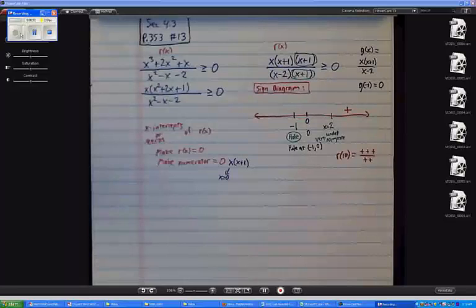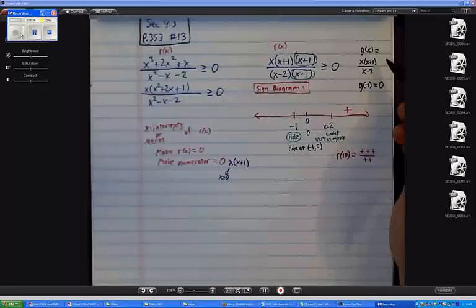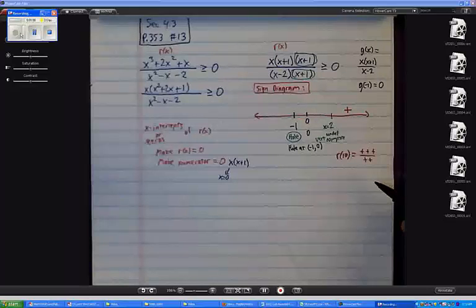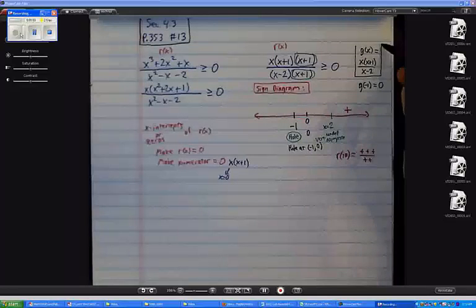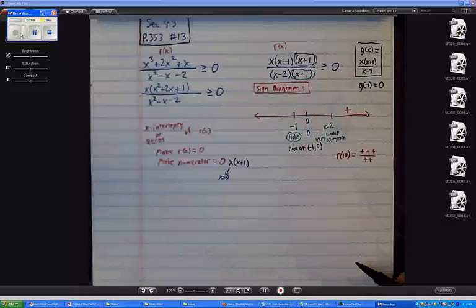What I did was I said, what would happen if I actually cancel those x plus 1s? Then you get a function g of x, which is almost the same as r of x. What's the difference? The domain's different. r of x has a hole. g of x is going to be the same graph, but the hole's filled in.